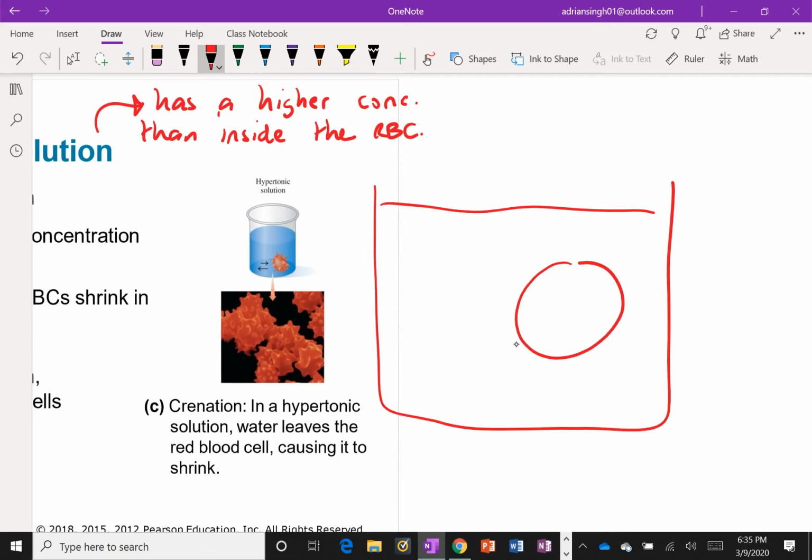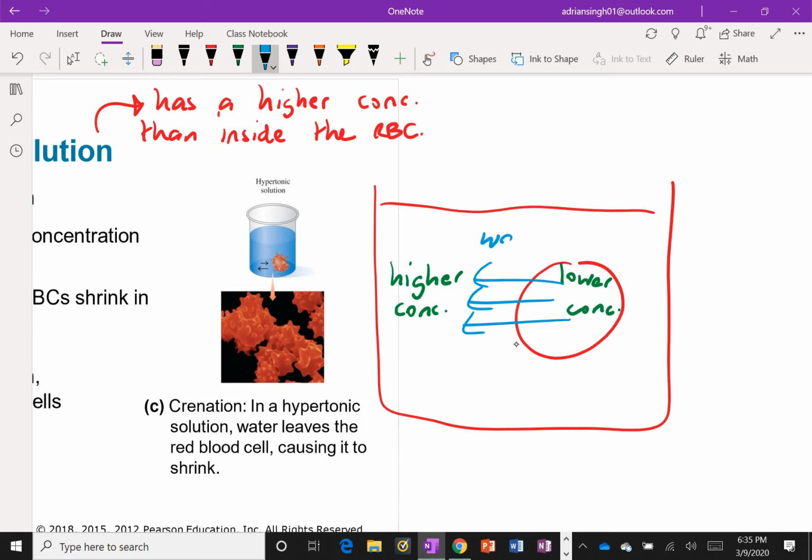It's in a hypertonic solution. So now, in terms of concentration, the outside has a higher concentration than the inside. Right? So in which direction is the water going to move? It's going to leave the cell, and it's going to move that way.